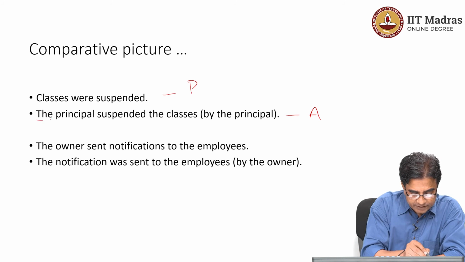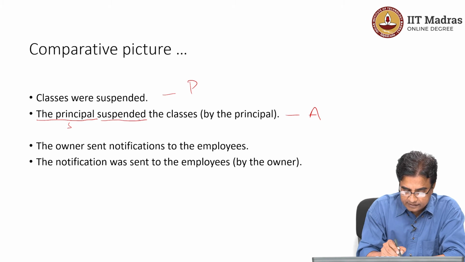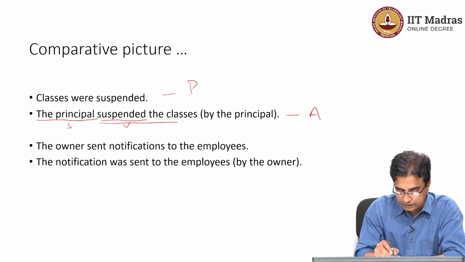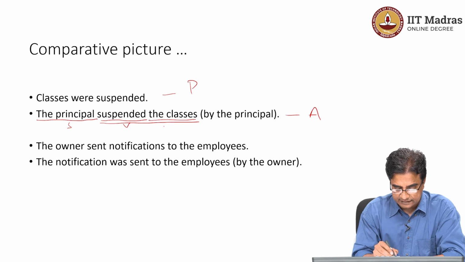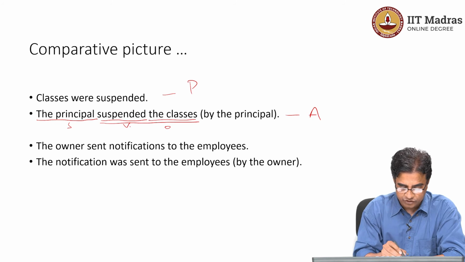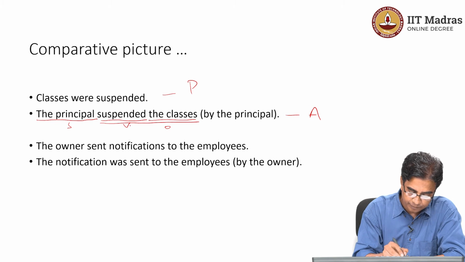Here, the subject is the principal, suspended is the verb, and this whole thing is the predicate, where "the classes" is the object of this verb, suspend, and it's in past tense.